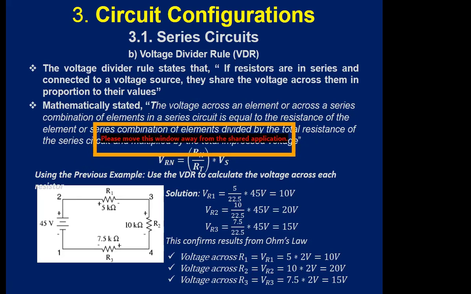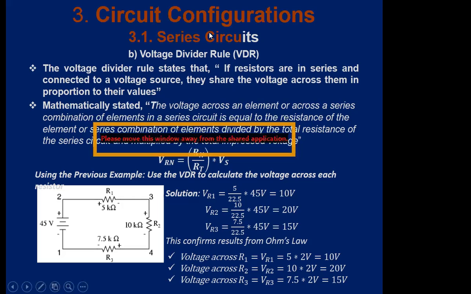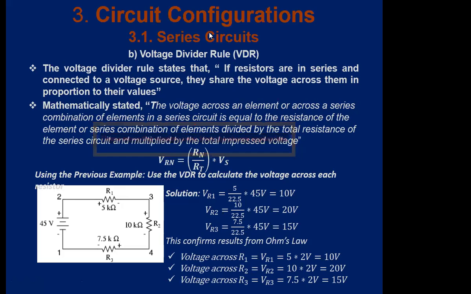So that means the larger resistor has a larger voltage drop across it, the smaller resistor has a smaller voltage drop across it.